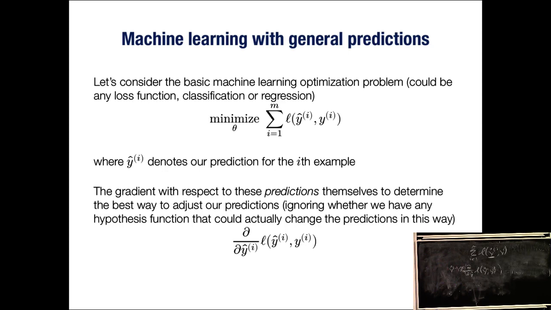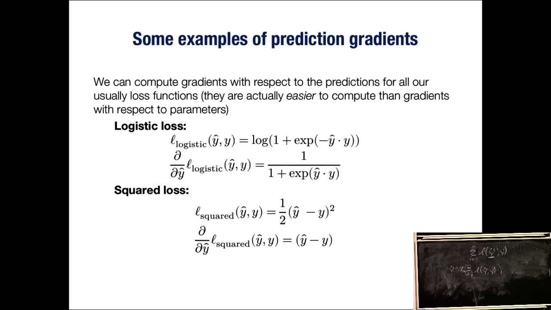And in fact, these gradients are actually easier to compute than our old gradients. We can compute them very easily. For logistic loss, for example, it's just this. Basically, all that happens is you don't have to differentiate again through your hypothesis function. You just differentiate directly with respect to your prediction.